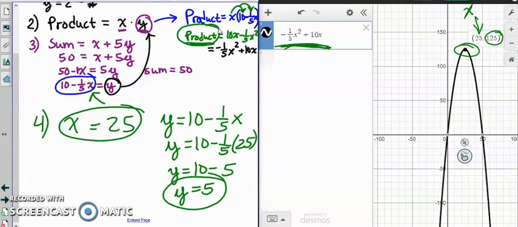That's the product that we said that we were going to get, the max product. So Y is that max product right there. Not Y, but this part right here is your product. Your max product. Okay, so that's your max product there. So we have the max product of 125. We have X is 25. We have Y is 5. That's it.